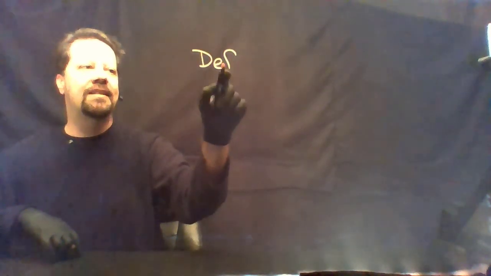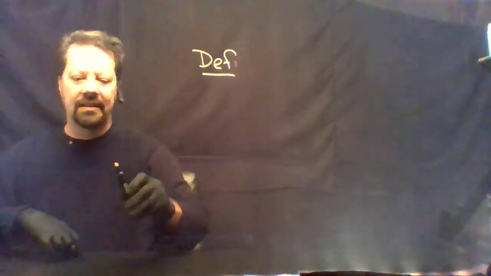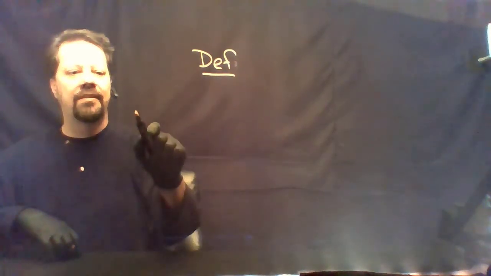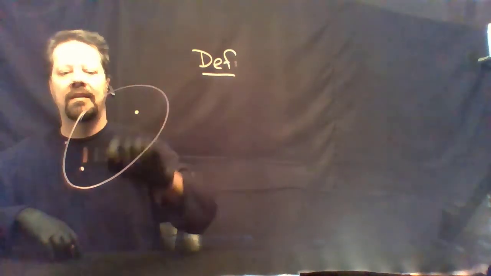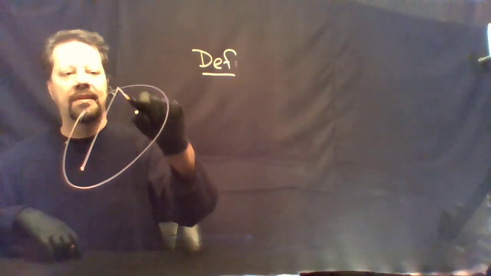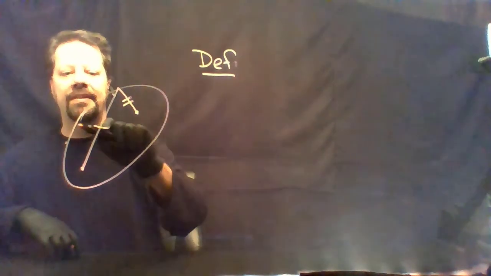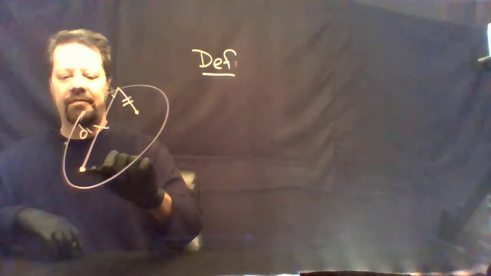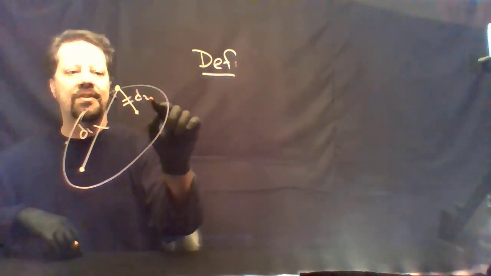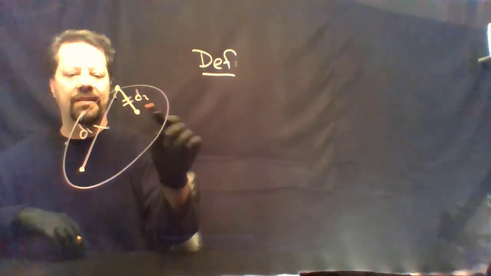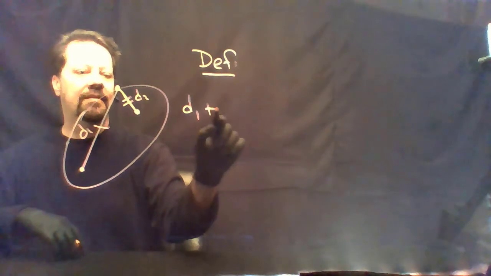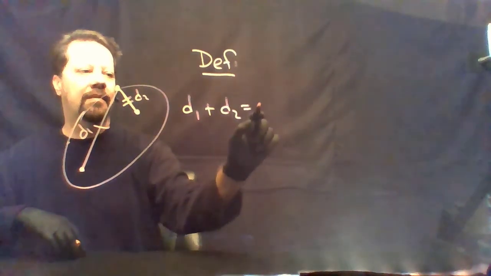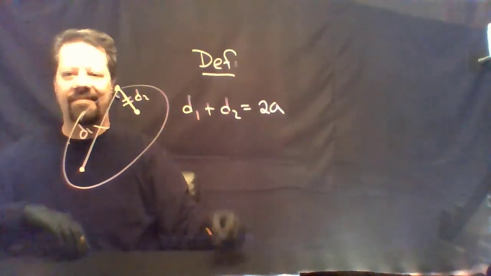Ellipses are defined in a similar fashion. For an ellipse, you have two foci, and for an ellipse, the sum of distance 1 from the first focus to a point on the curve, and then distance 2 to the second focus, is equal to a constant, 2a.